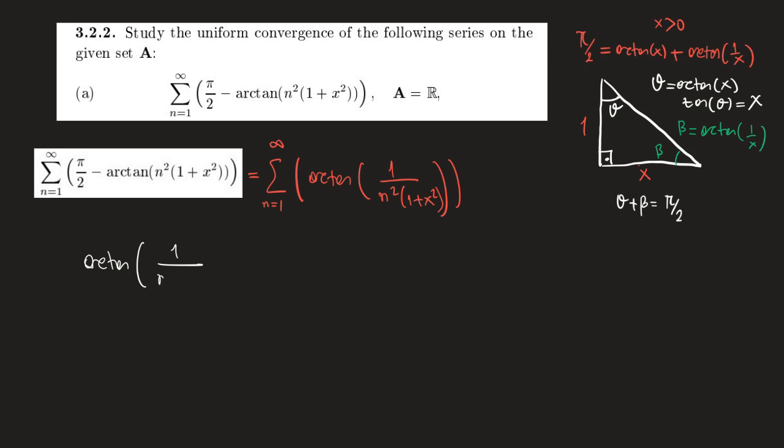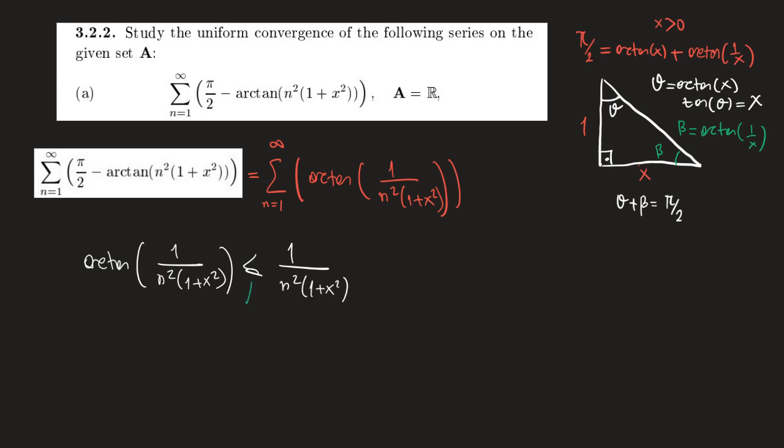Now we can also consider arctangent of 1 over n square 1 plus x square, and bound it, because you can also use the Taylor expansion: arctangent x is less than x. That's why I can do the following: 1 over n square 1 plus x square.